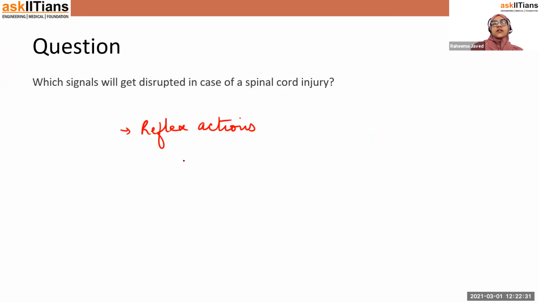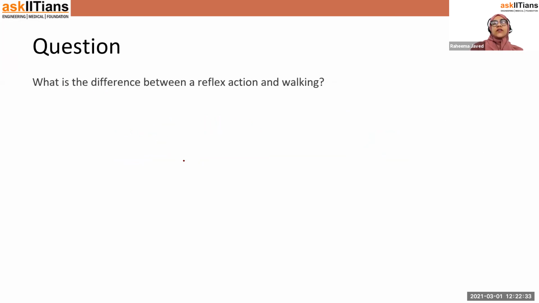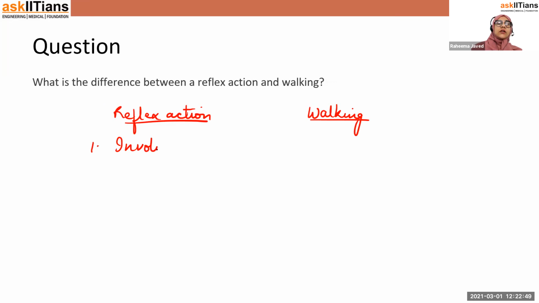Okay, next question. What is the difference between a reflex action and walking? So, reflex action is involuntary. I'm going to make two columns. This is involuntary. This is voluntary completely.